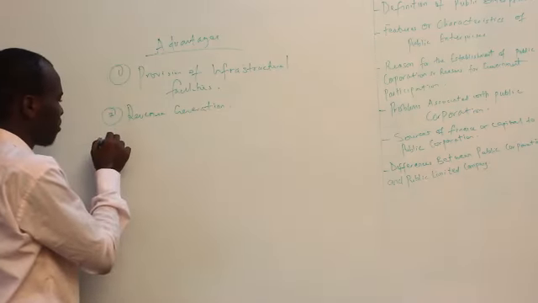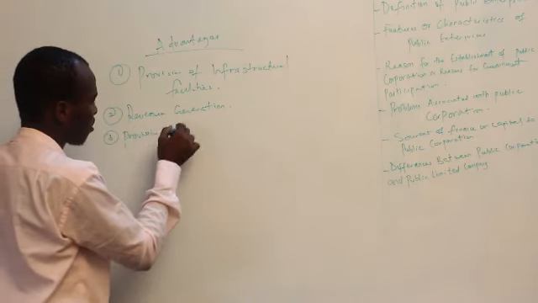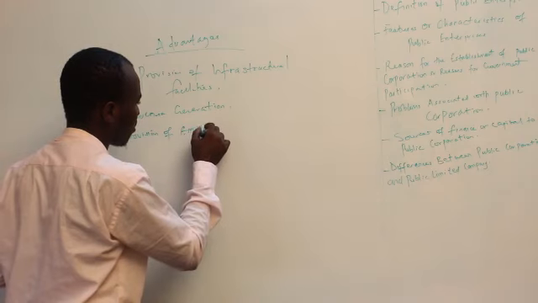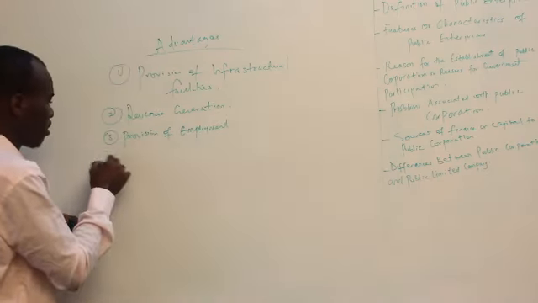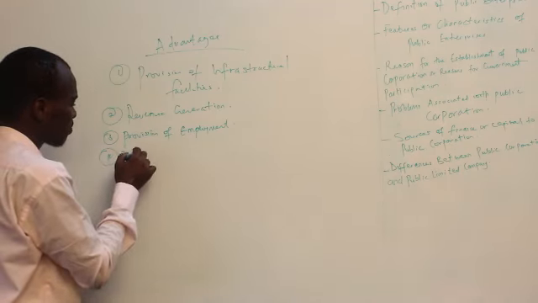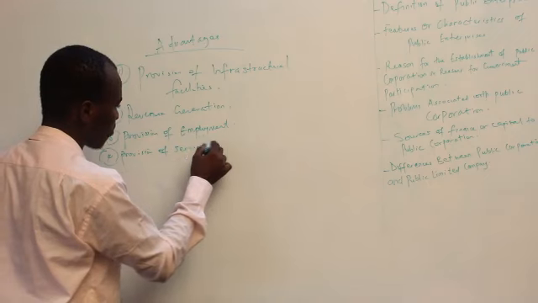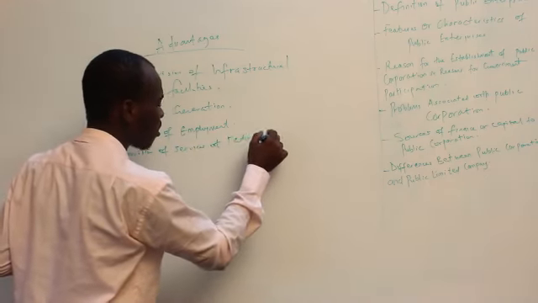Number 3, provision of employment. Number 4, provision of services at reduced costs.